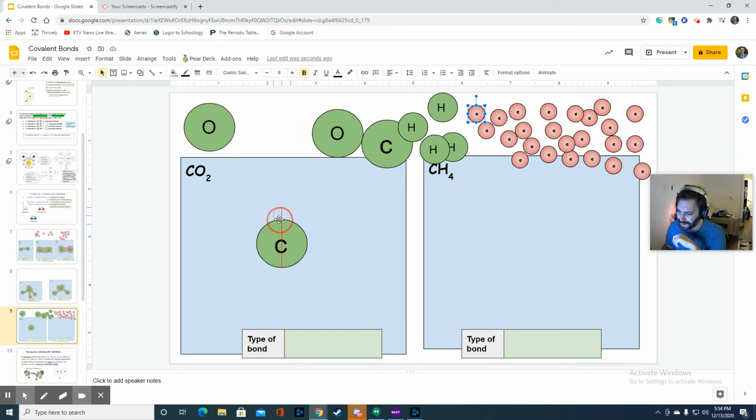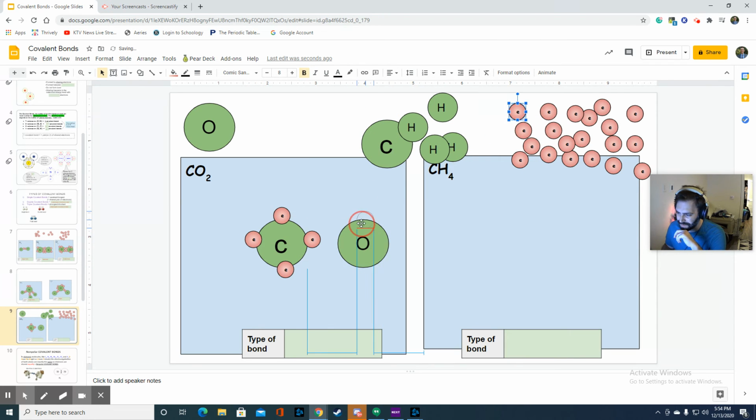That's called the central atom. Carbon has 4 valence electrons, and oxygen has 6 valence electrons. I'm just loading up the electrons, and I'm going to disperse them around, not necessarily evenly yet because we haven't made our bonds.